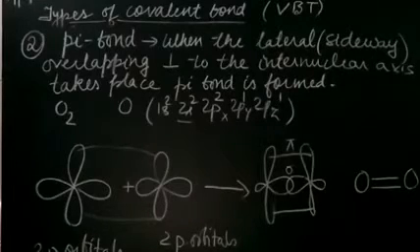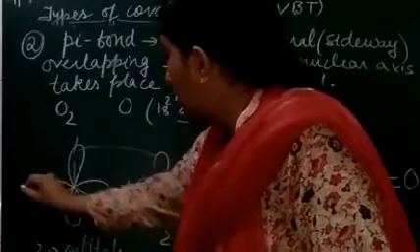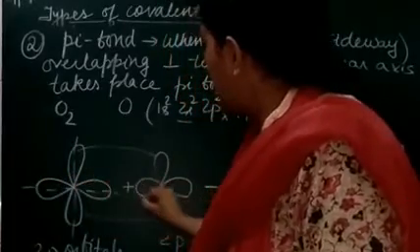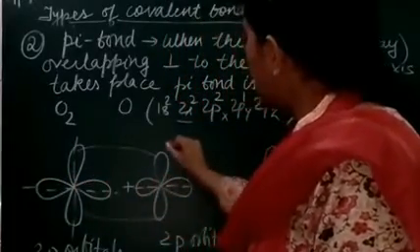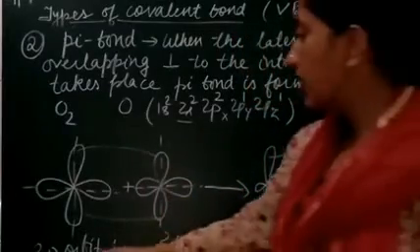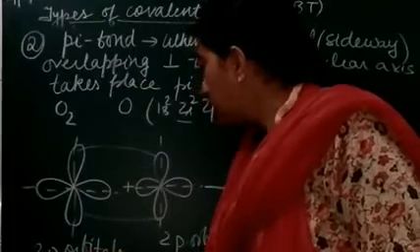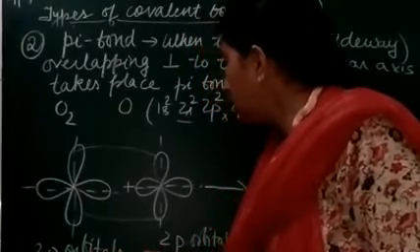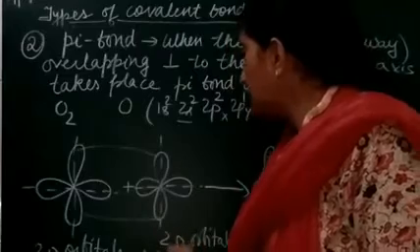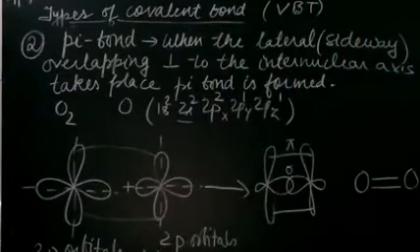So here, this is along the internuclear axis. This is perpendicular to the internuclear axis. These two are the 2p orbitals which are half filled. Hope this will be visible to you. The 2p orbitals in both cases are half filled, that is, in both the oxygen atoms.